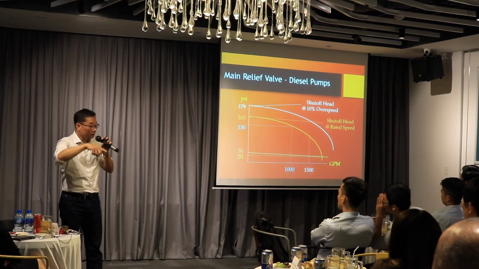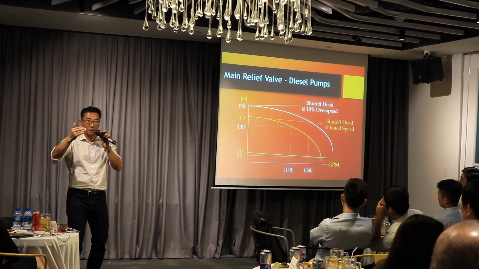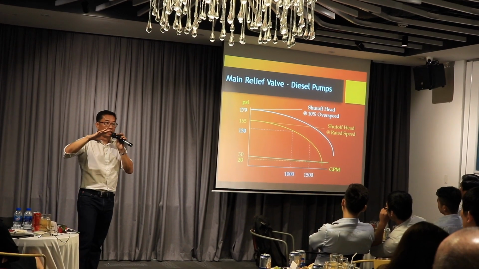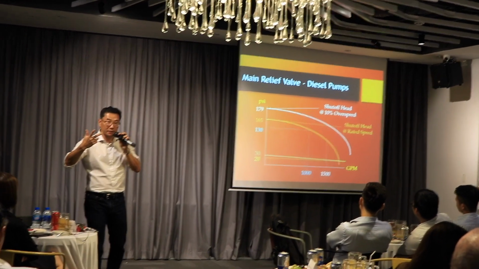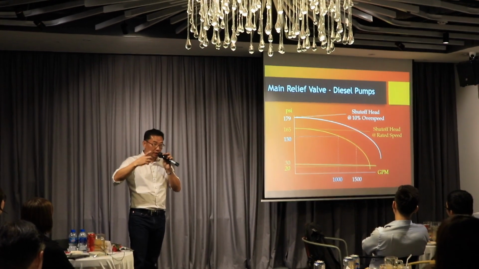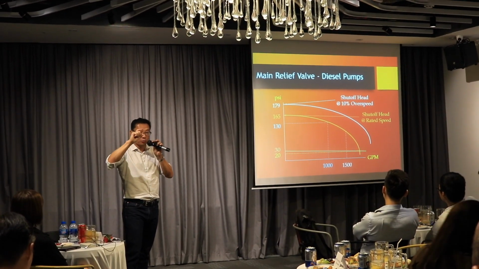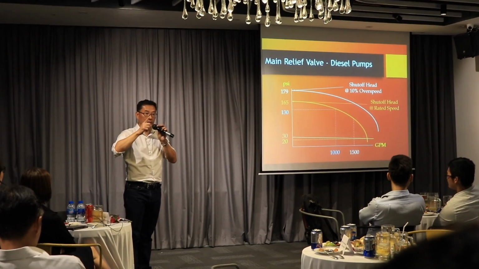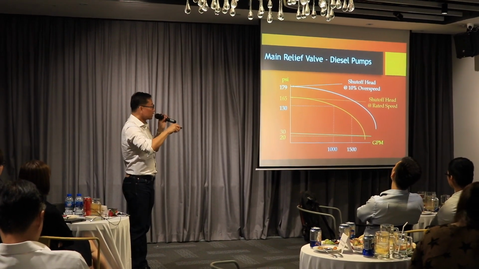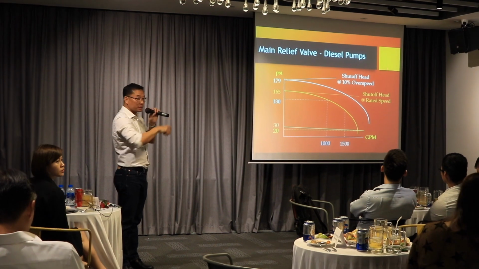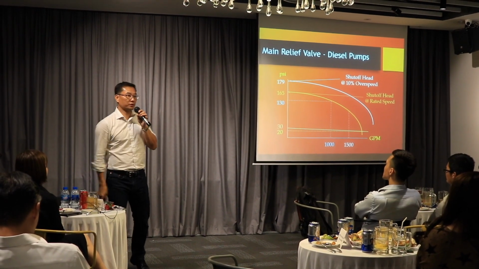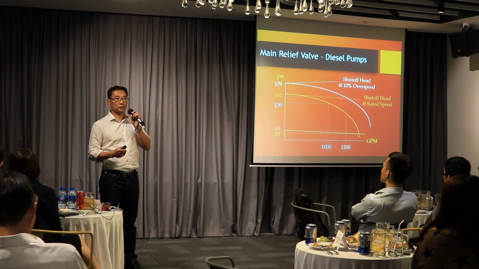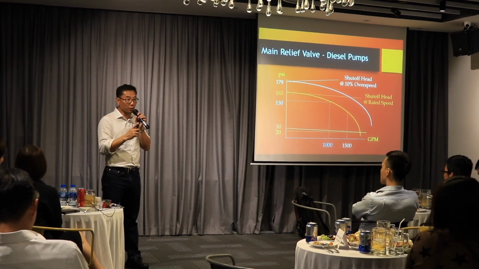So if right now you're running, let's say, 1000 RPM, and then you run 110%, that means theoretically your head will increase 21% and not 10%. So when you design your system and pressure relief valve, if you put 10%, the valve will always open and never close, and the pump will just keep on running. So this is the important thing that you must consider. It's 21, not 10.